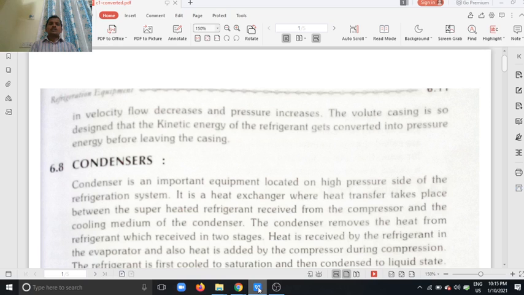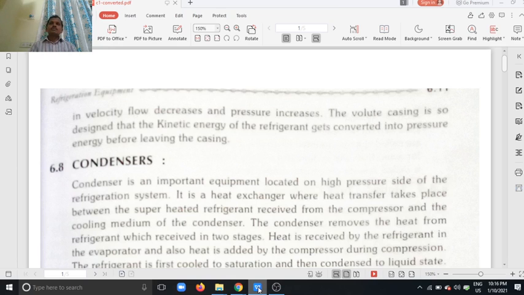So it is located in between the compressor and the expansion valve. This condenser removes the heat from the refrigerant. The refrigerant receives heat in two stages.